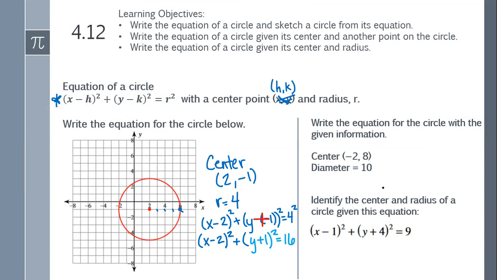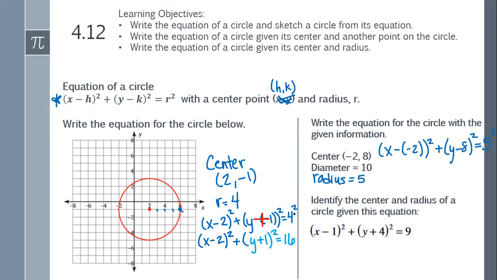All right, so if I have the center and the diameter, or the center and the radius, again, it's just plugging in information. So if my diameter is 10, my radius is half of that, so 5. So x minus negative 2 squared plus y minus 8 squared equals 5 squared, and I kind of ran out of room.